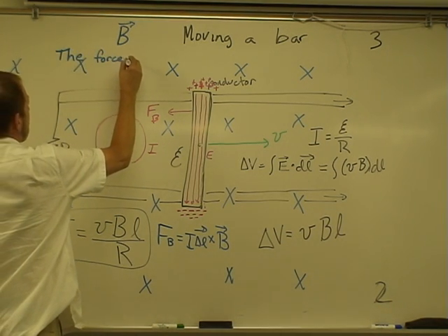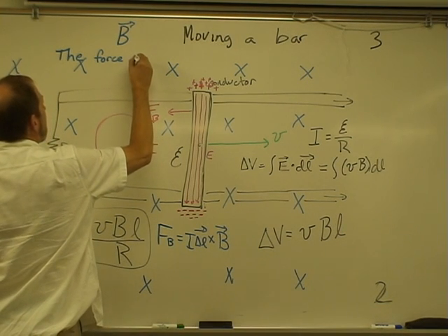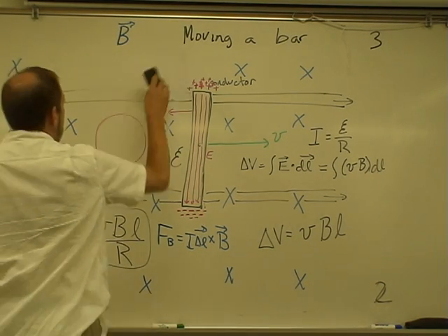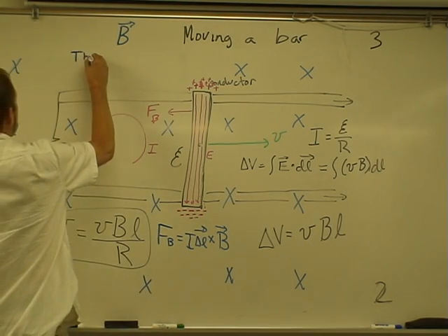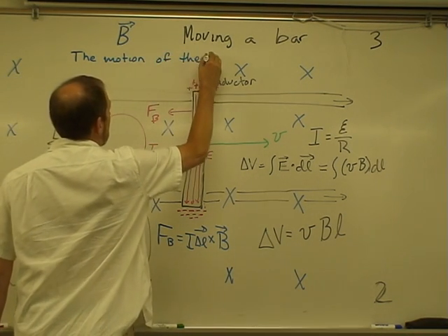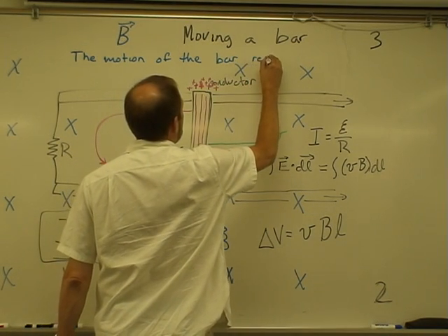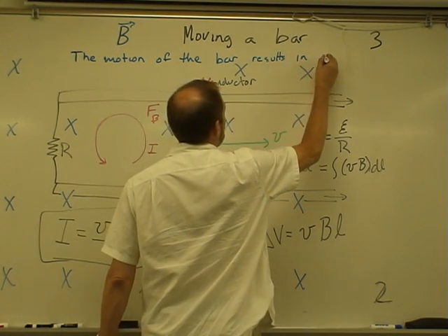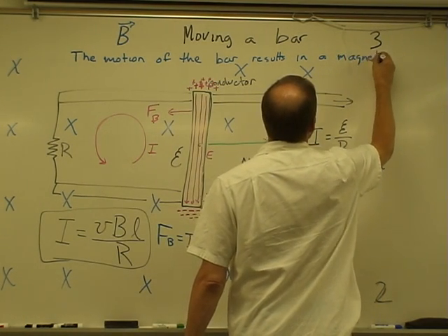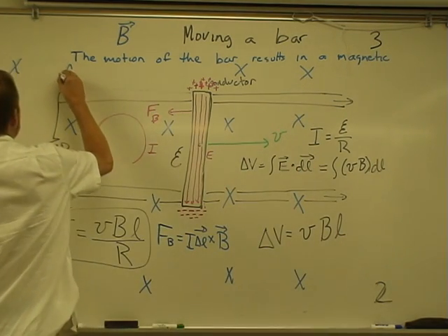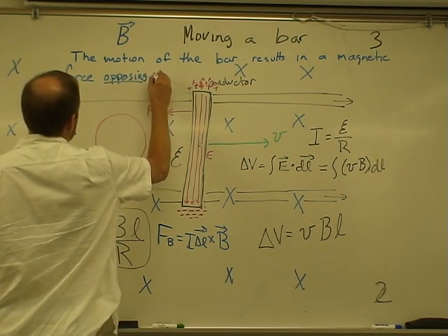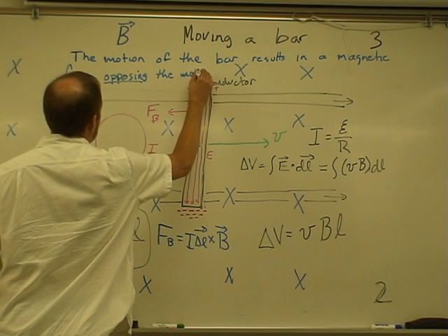The motion of the bar results in a magnetic force opposing the motion.